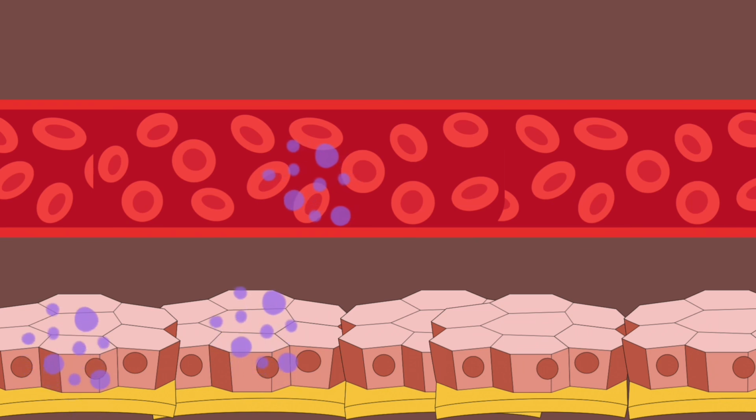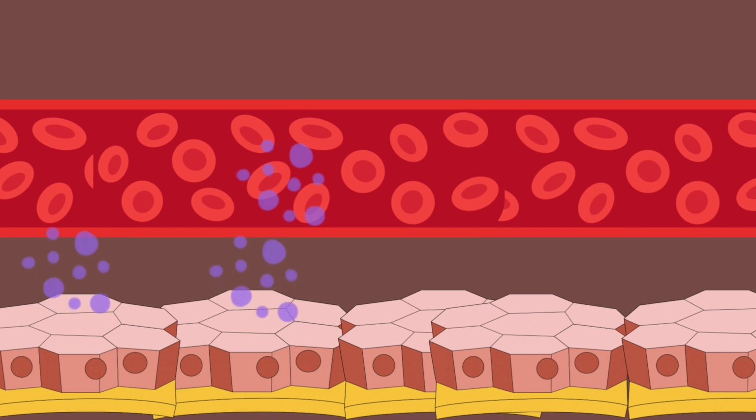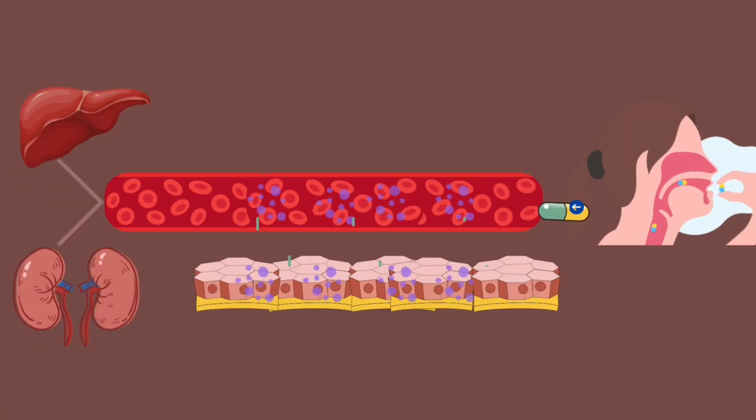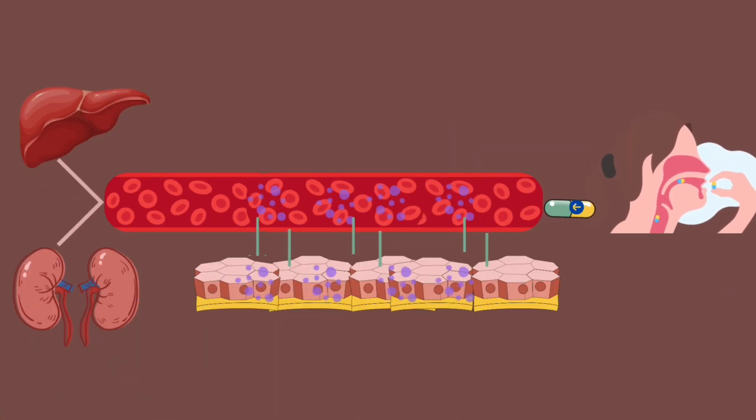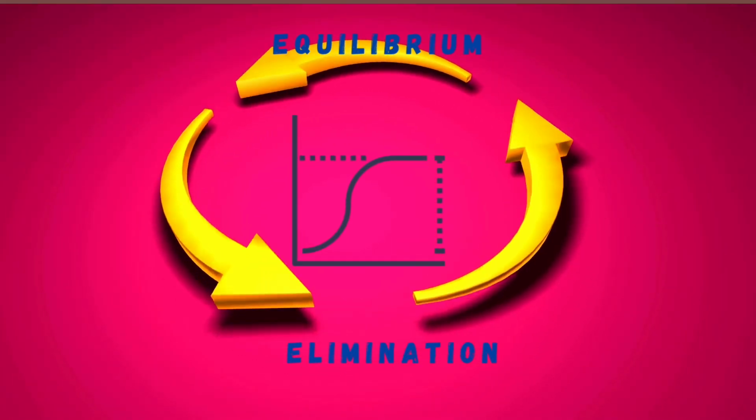This cycle of elimination and equilibrium between the two spaces will continue until there is no drug left in the extravascular spaces to maintain equilibrium. But if a patient were to redose at a regular interval, the concentration in systemic circulation would be restored by redosing.